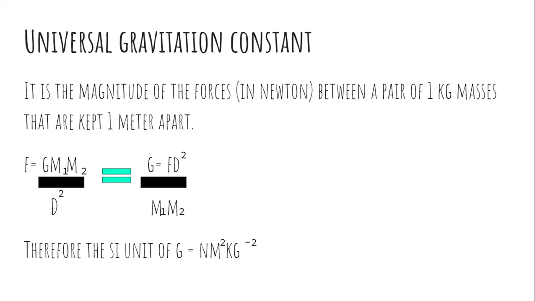So, F is equal to G m1 m2 by d square, and G is equal to F d square by m1 m2. Therefore, the SI unit of G is Newton meter square per kg square, that is, Newton meter square per kilogram square.